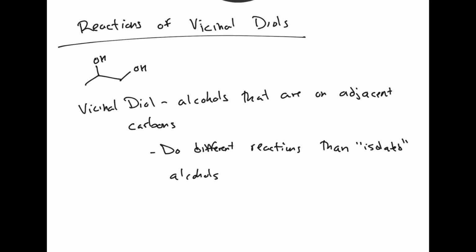And they do different reactions than just an isolated alcohol, a primary alcohol by itself or a secondary alcohol by itself. We already know what they're going to do, right? They can be oxidized once or twice, right? But if you have vicinal diols, they're able to do different things. The main thing that they're able to do is you're able to cleave vicinal diols.